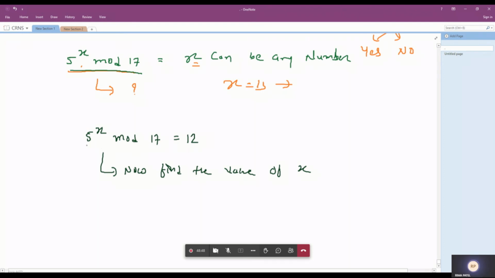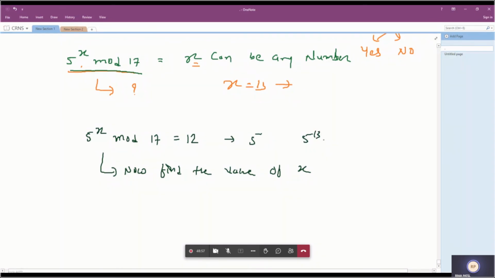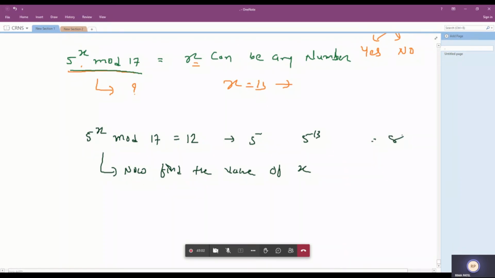Previously I asked you to find 5 raised to 1 mod 17, and you quickly said 5. Then I asked for 5 raised to 13 mod 17, let's say it is 8, and you quickly found that too. But now I am keeping x as x only, 5 raised to x mod 17, and giving you that it is equal to 12. Now tell me, what is the value of x?